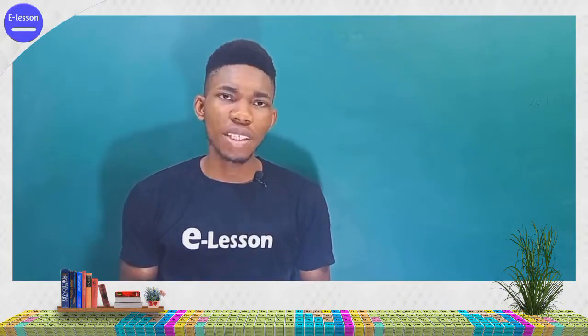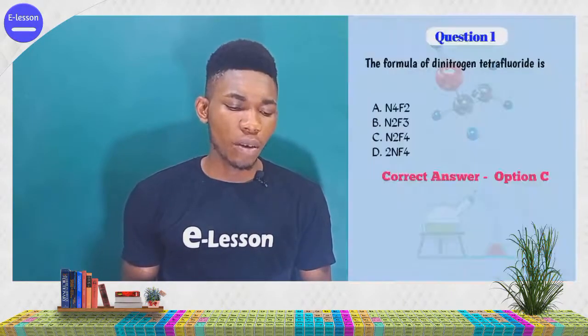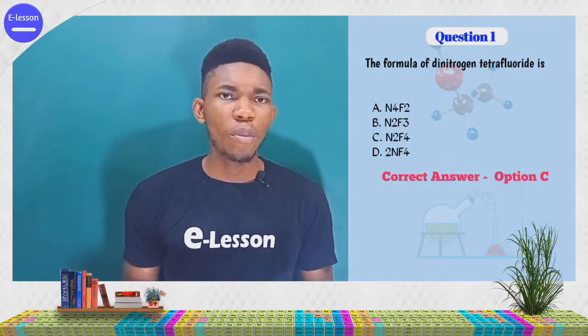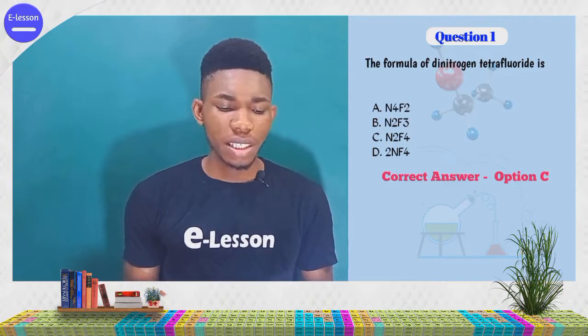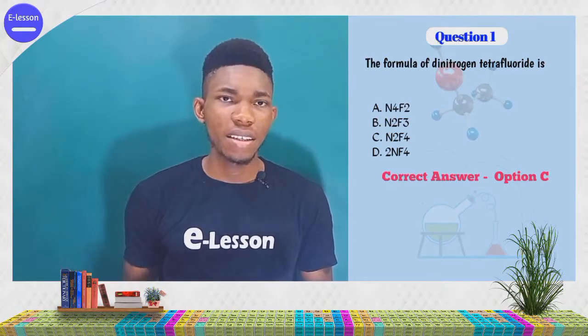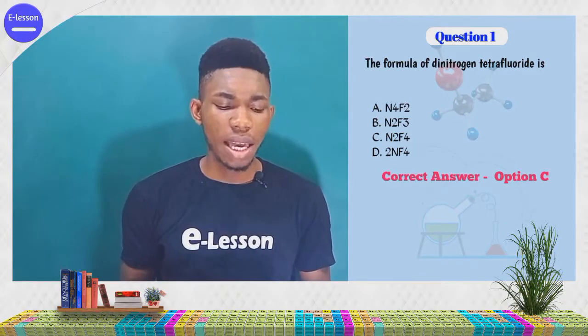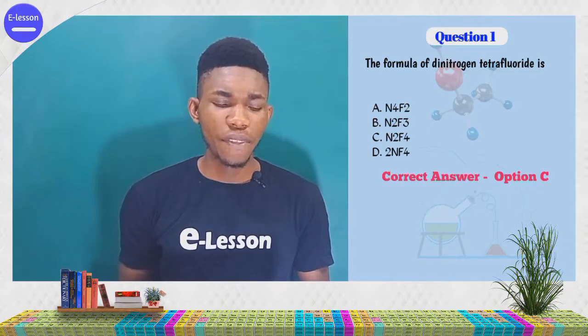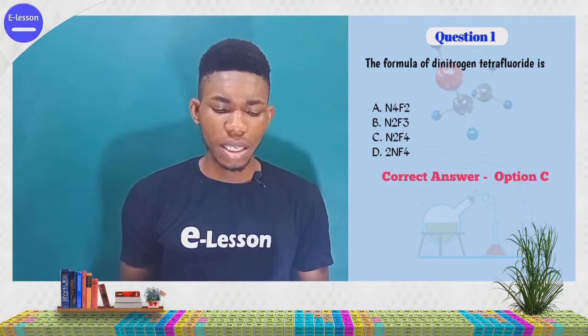Now the first question says the formula of dinitrogen tetrafluoride is: option A, N4F2, option B, N2F3, option C, N2F4, and option D, NF4.